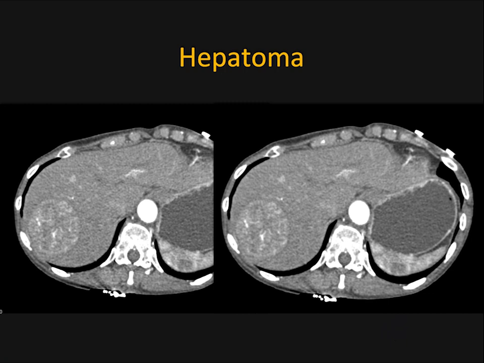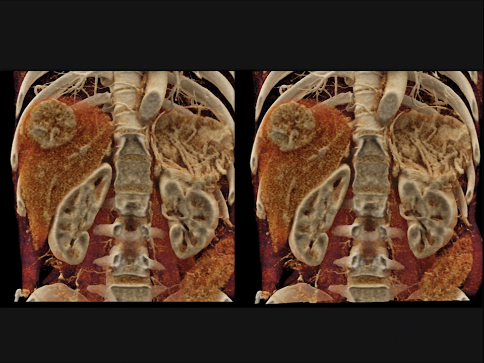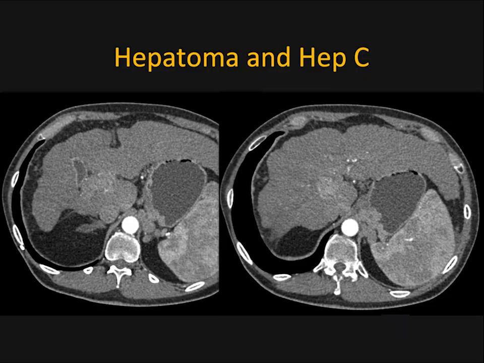Now, when you think about the delivery of contrast and the importance of protocols, think about this hepatoma, hypervascular lesion, right lobe of the liver, non-cirrhotic patient, pseudocapsule. The neovascularity is best captured on the MIP imaging. The cinematic rendering shows the pseudocapsule very nicely, the difference in texture between the tumor and the normal liver.